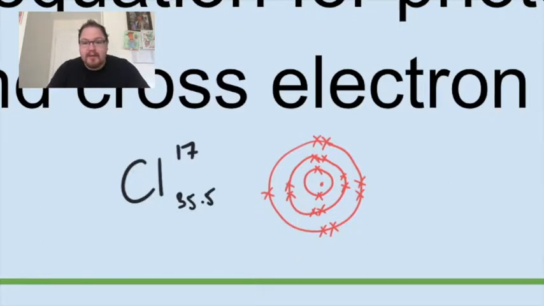Try not to get confused with this. If you haven't done it, don't worry about it. I'll probably do a video on it anyway. As you can see, it's got 17 electrons: 2 on the inner shell, 8 on the next shell, and 7 on the next. I forgot to write it, but the electron configuration would be 2, 8, 7.